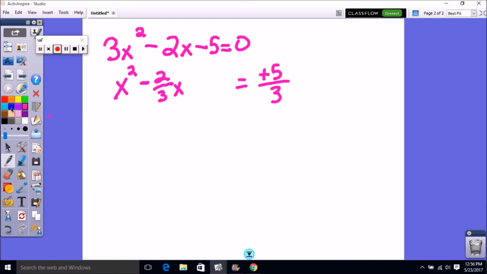Now, next step, I have to take the b term and divide it by 2 and square it. We've already discussed that when I divide by 2 on a fraction, I could just multiply the denominator by 2. So half of 2/3 is 2/6 squared. And I'm putting it in a different color so you can see what I'm doing.